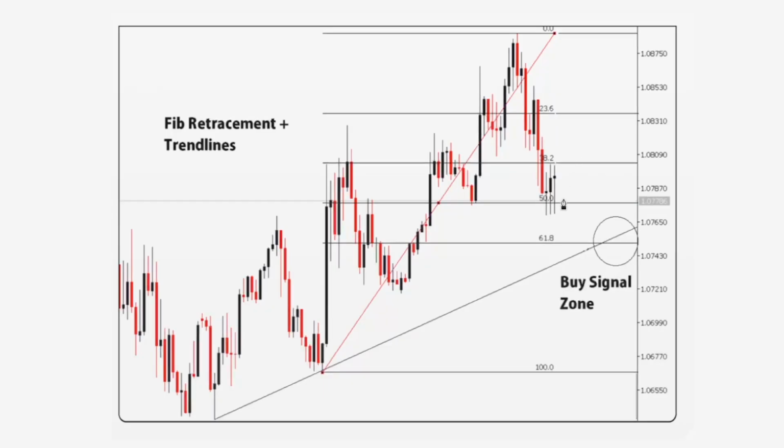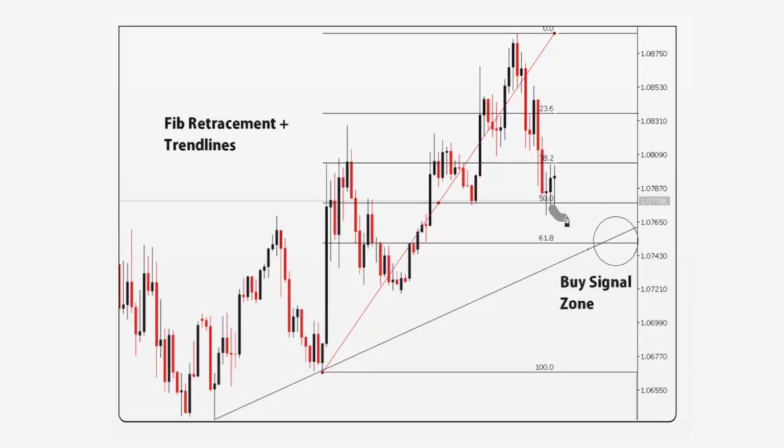So in this example, the price action is currently retesting the 0.5 Fib level. And if we don't get a bounce here, traders will be looking to enter for a possible reversal at the 0.618 level instead. And because of the significance of that, when it intersects with this diagonal trend line, it creates this very powerful buy signal zone.